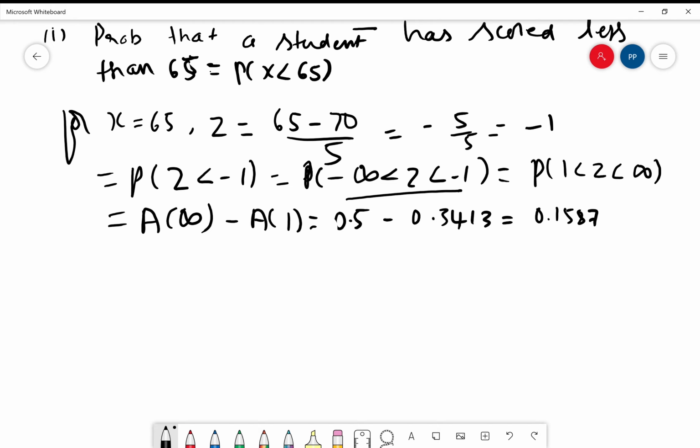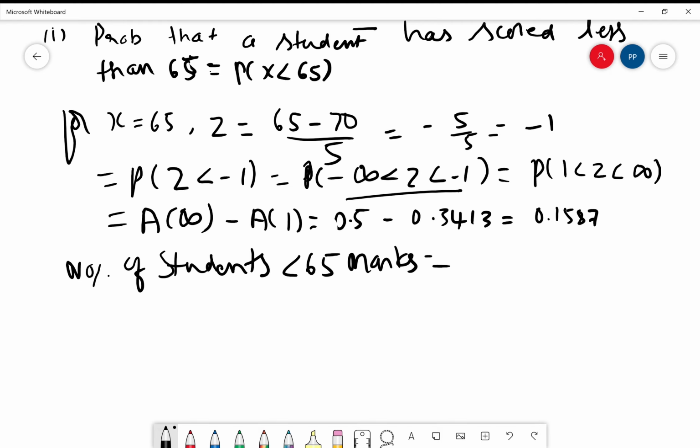But we want the number of students who have scored less than 65 marks. So the number of students who have scored less than 65 marks equals the total number of students, 1000 in this case, multiplied by this probability value, 0.1587.